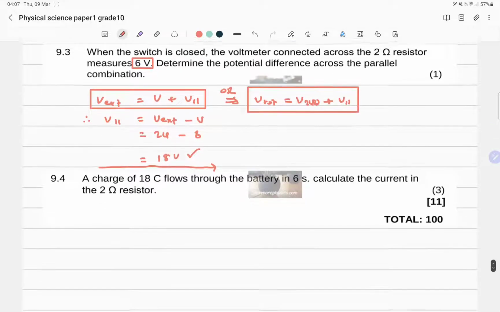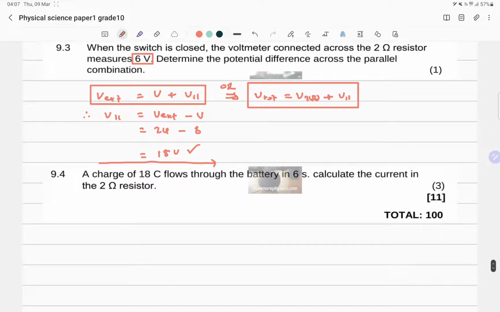Okay, let's do the last question now. We're told a charge of 18 coulombs flows through the battery in 6 seconds. Calculate the current in the 2 ohm resistor. Anyhow, we know that Q is equal to IT.